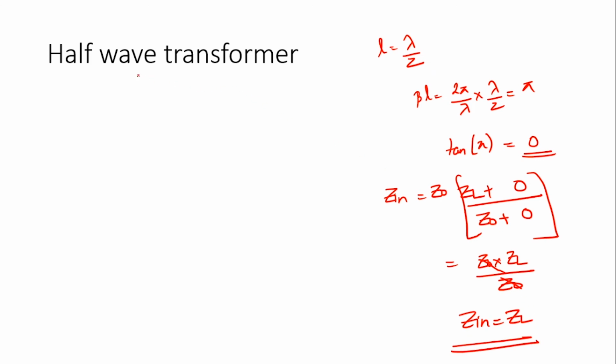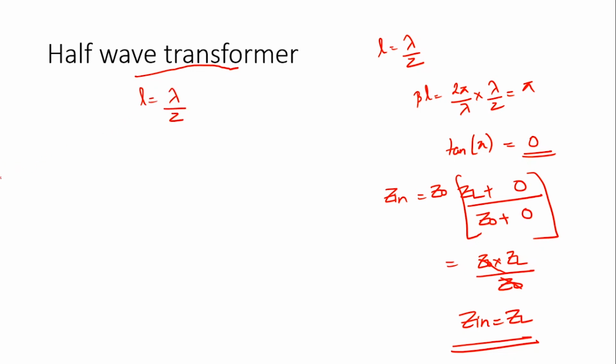That means when you apply a half-wave transformer, there is no change in the impedance. So you can just extend the length of the transmission line by adding a half-wave transformer, or if you need no change in the impedance, you can add a transmission line of length L is equal to lambda by 2.